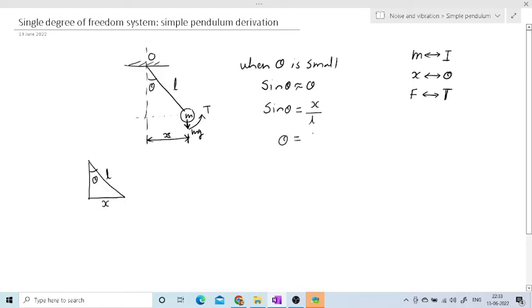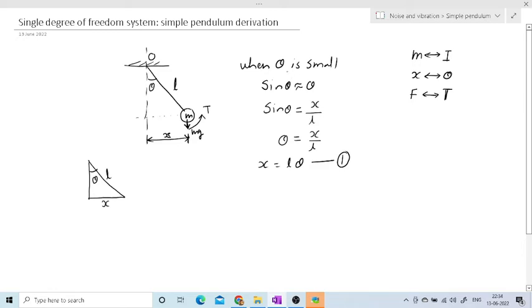So theta is equal to x by L, so x is equal to L into theta. This is equation number 1, which is most important in this derivation, because it is the relation between the linear displacement and angular displacement.